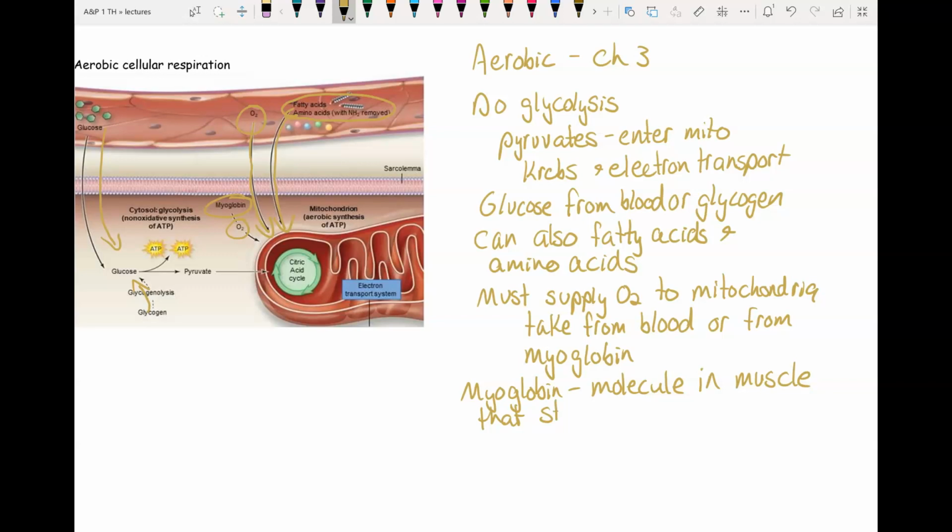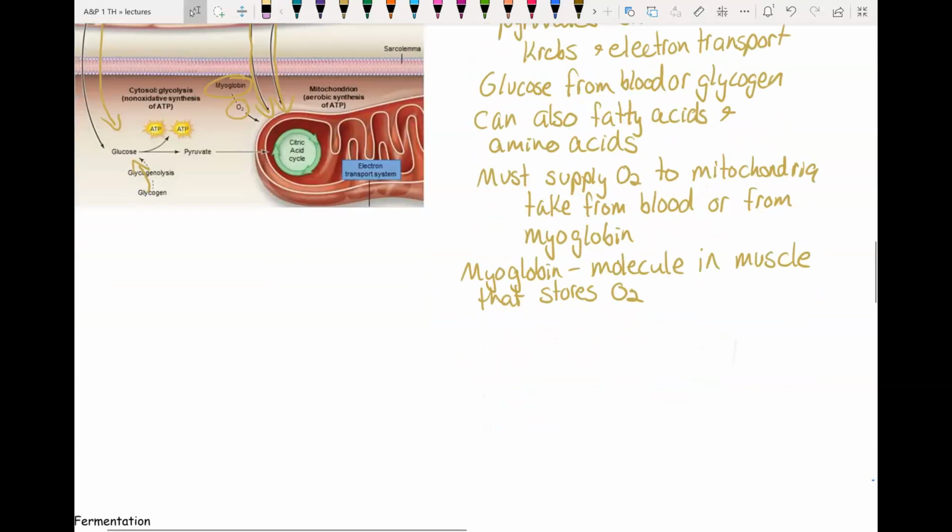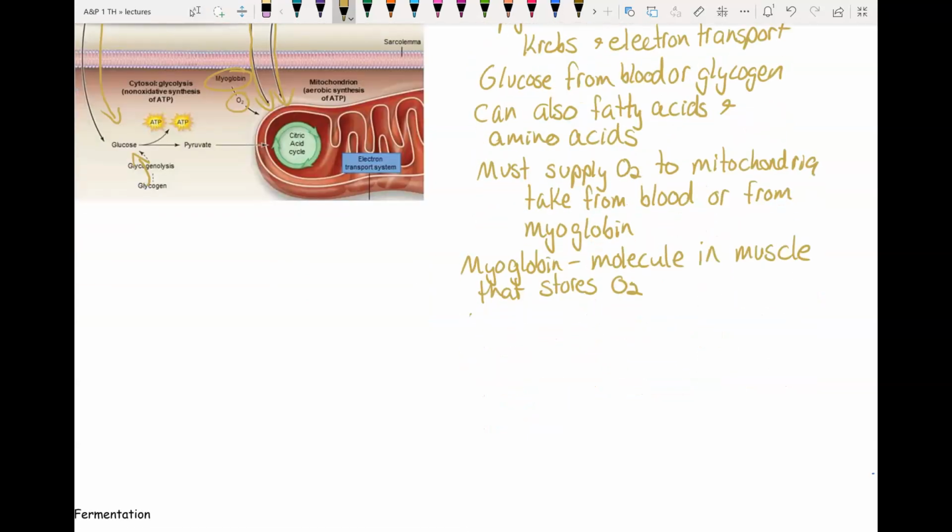So aerobic is going to give you lots of ATP. This is your big ATP producer. And how long you can keep doing aerobic varies from person to person. And if you remember back to chapter 3, it varies based on how much oxygen you have, which goes back to the health and efficiency of your heart and lungs.